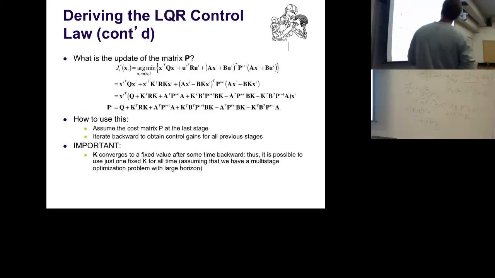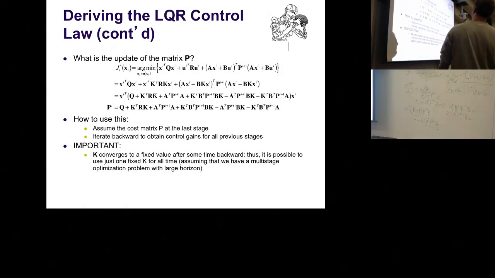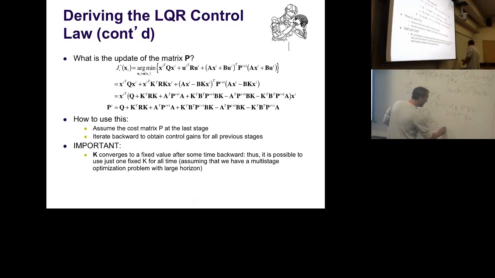And we can now go and look at the update of the matrix P. I'm not sure whether I want to write this down entirely again. It's too much fun. So how do we do that? We have again our cost function inserted in Bellman's optimality principle. We have the model inserted in Bellman's optimality principle. And what I'm going to do now is I know that I can solve the minimization problem by plugging in this control law which says ui equals minus K times xi.